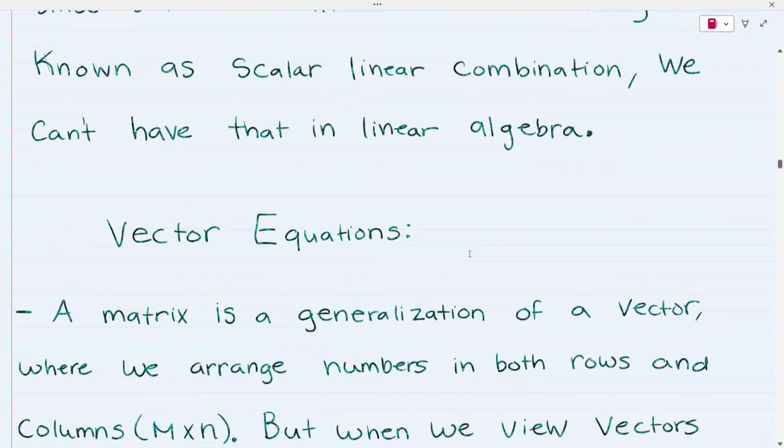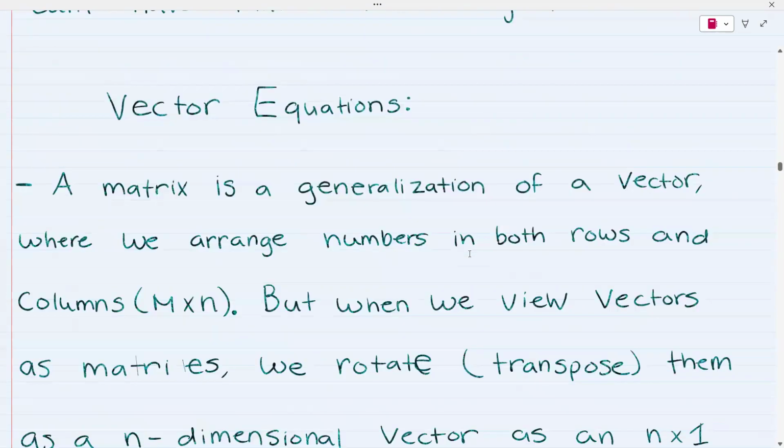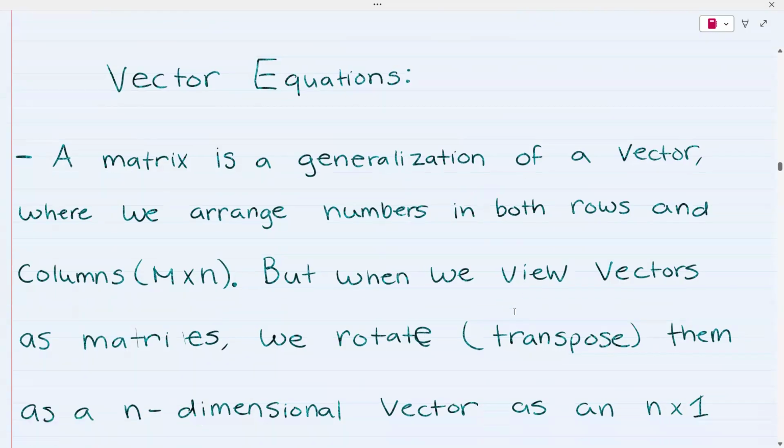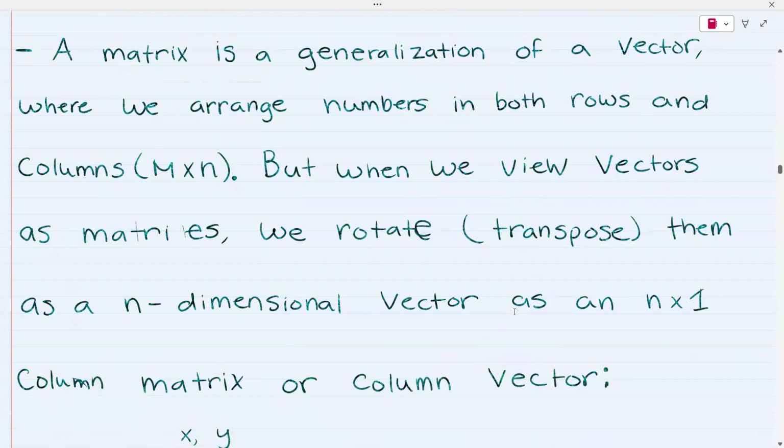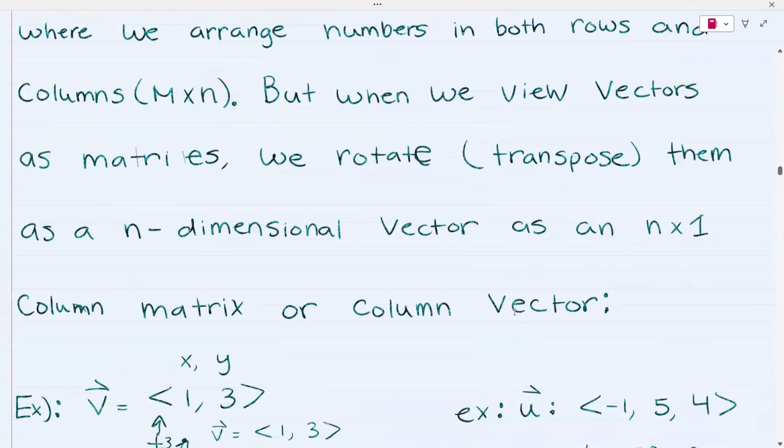Okay, so vector equation. A matrix is a generalization of a vector where we rearrange numbers in both rows and columns, n by n. But when we view vectors as a matrix, we rotate or transpose an n-dimensional vector as an n by 1 column matrix, or a column vector.